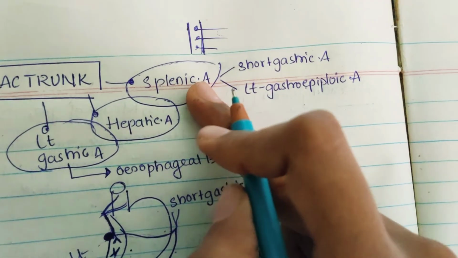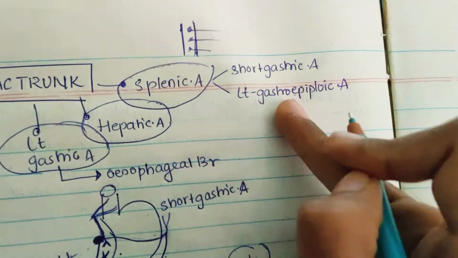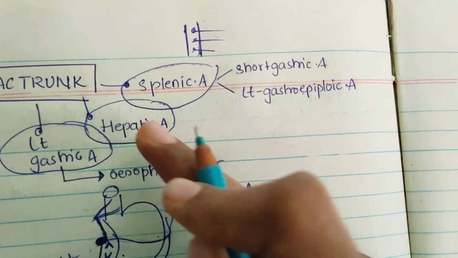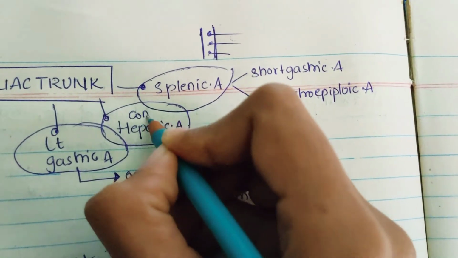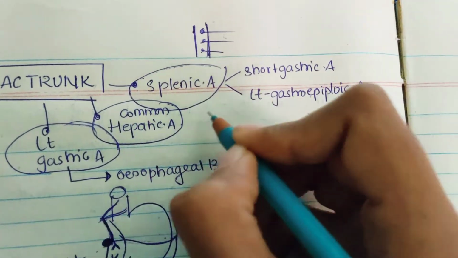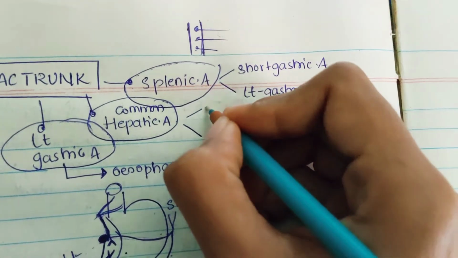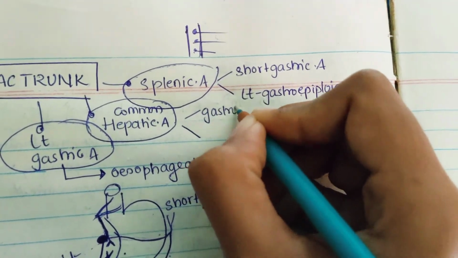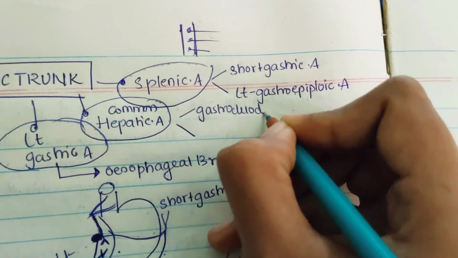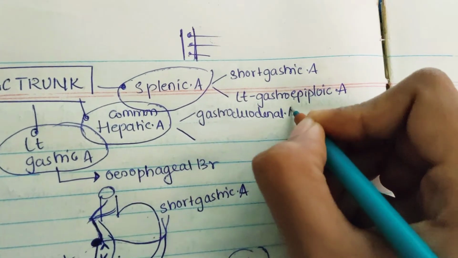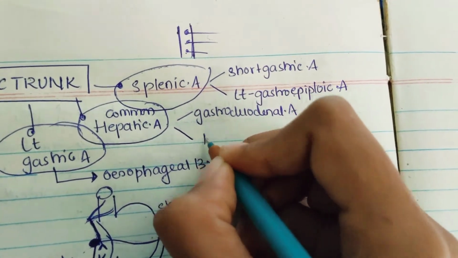So first, splenic artery divided into gastric artery, left gastroepiploic artery. Hepatic artery, this is, you can write here, common hepatic artery. Okay, common hepatic artery is in turn divided into gastroduodenal artery, right, and hepatic proper artery.